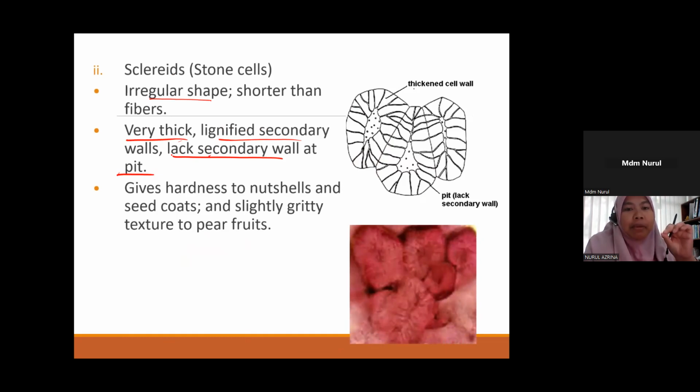The area that has pits does not have secondary wall. So sclereids give hardness to the nut shell and seed coat, that's why the peanut shell is hard. And they provide a slightly gritty texture to fruits like pear and guava.